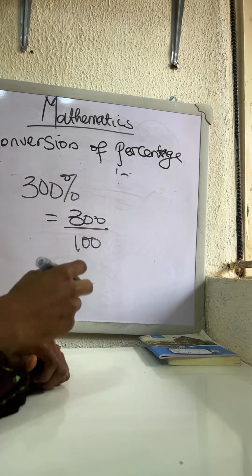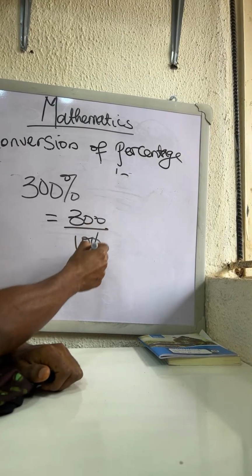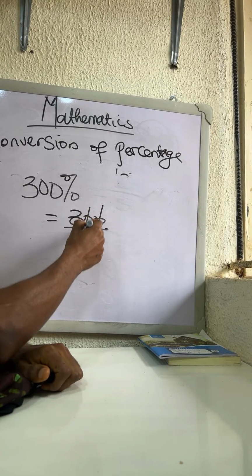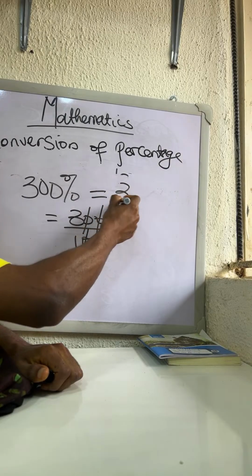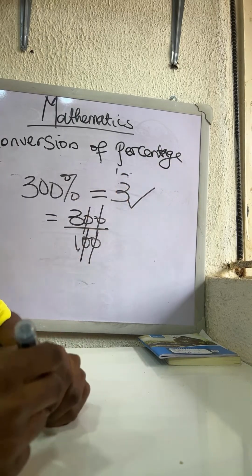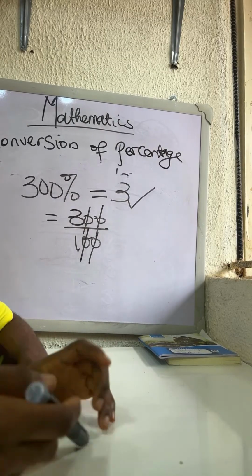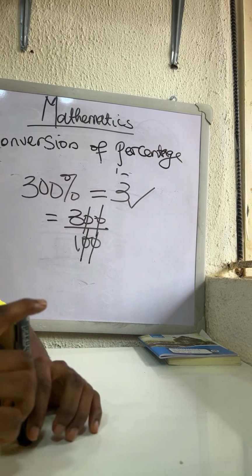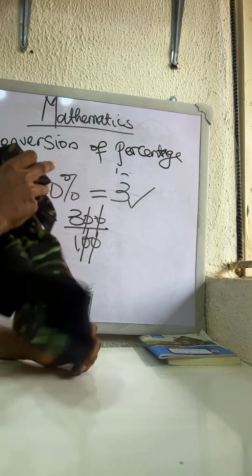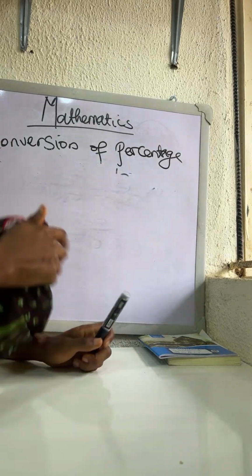Okay? So what do we do first? We have to cancel the 2 zeros. What do we have left? It's just 3. Or you said 3 over 1, but 3 over 1 is just 3. Okay? Good. Let's continue.